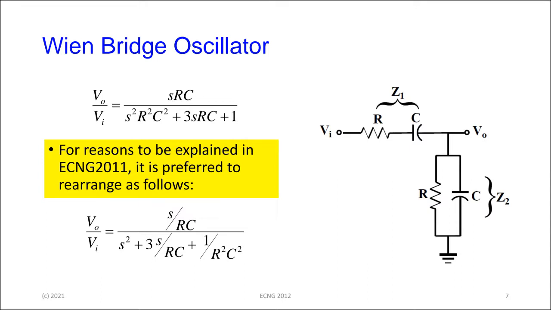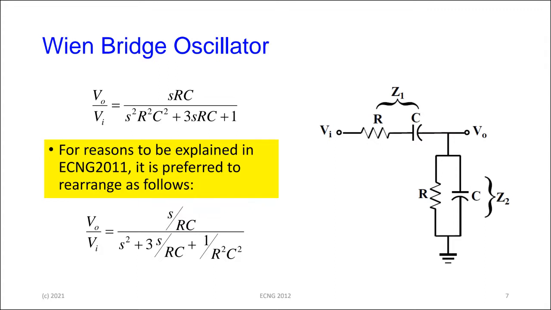There's a little reason why we change it around so that the coefficient of S squared is 1. We'll talk about that in signals, but the preferred arrangement usually is to have the coefficient of S squared as 1.